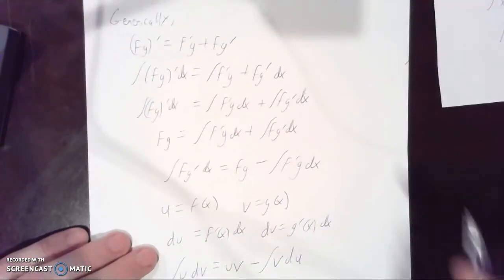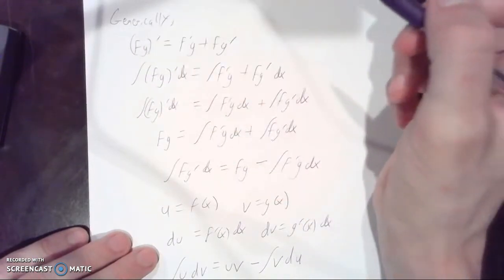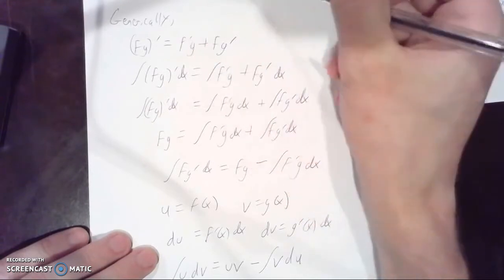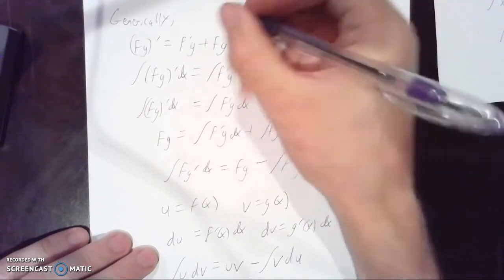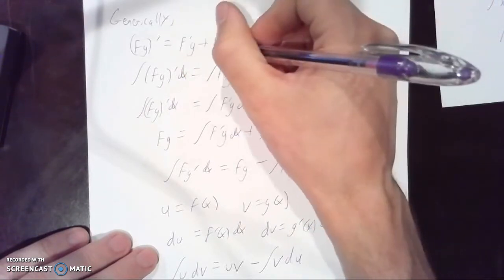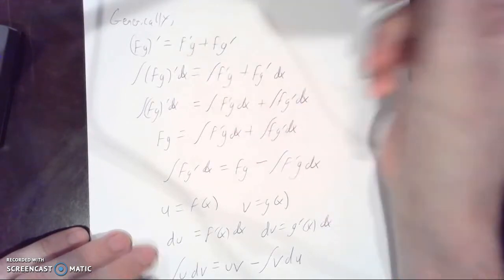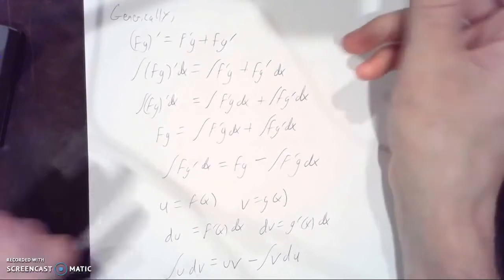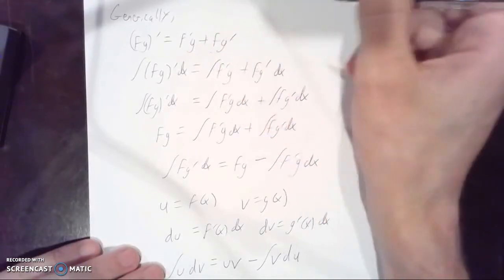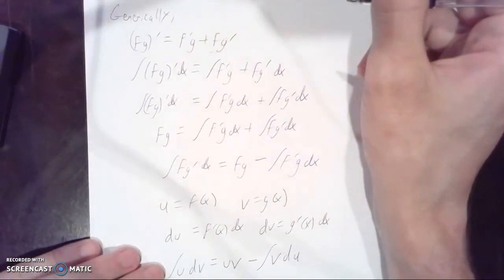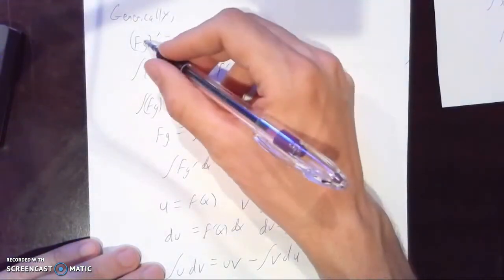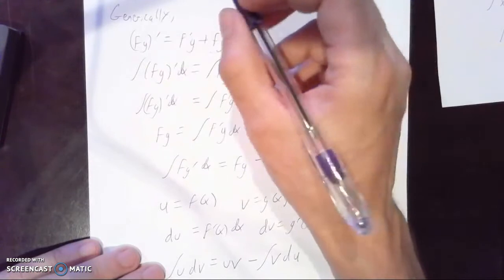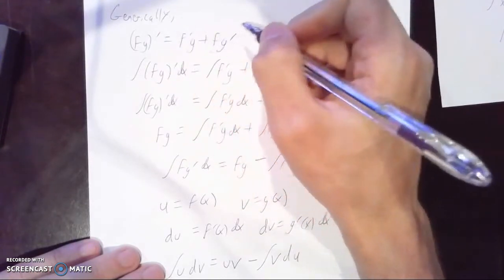So kind of generically, what we did was we started with the product rule. And what we're trying to find eventually is the integral of fg prime or f prime g. It really doesn't matter how you label these things. We'll say we're trying to find the integral of fg prime in the end. So if you have fg, its derivative is f prime g plus fg prime.